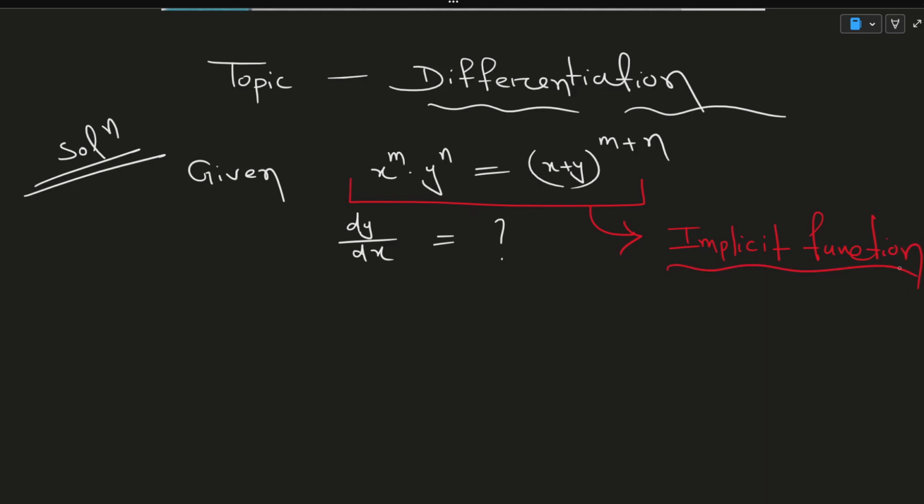And the way to deal with an implicit function is to differentiate both sides. So we'll do that one, then it will be what?